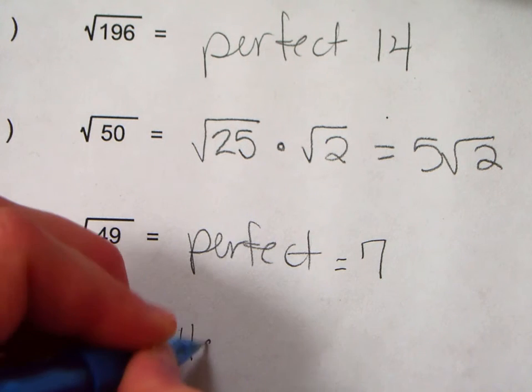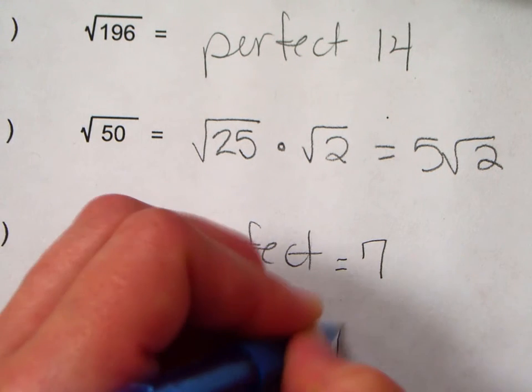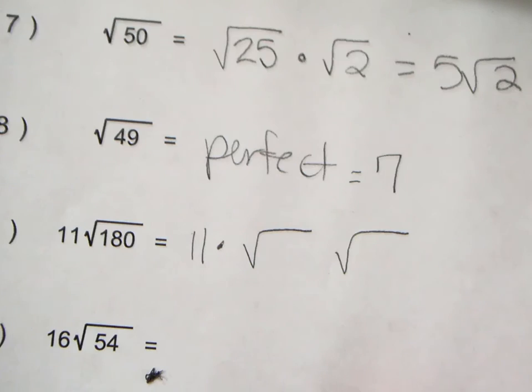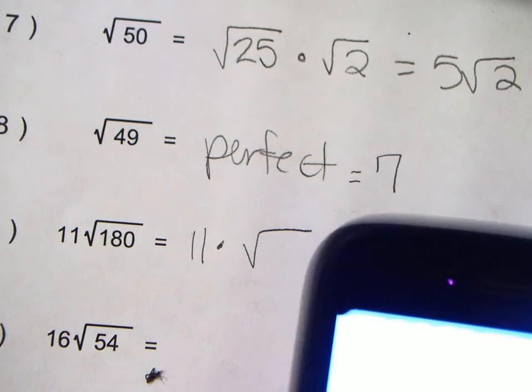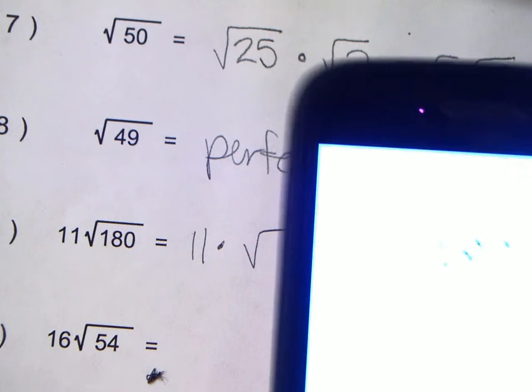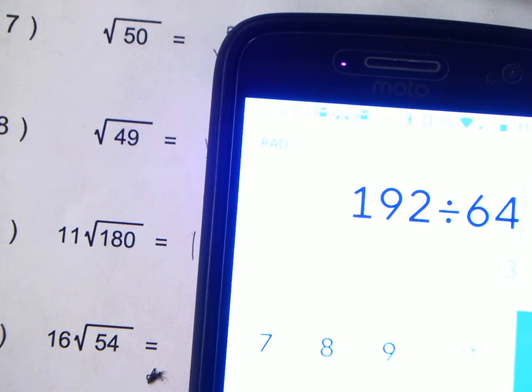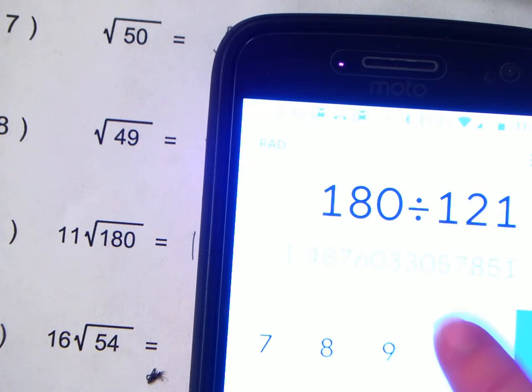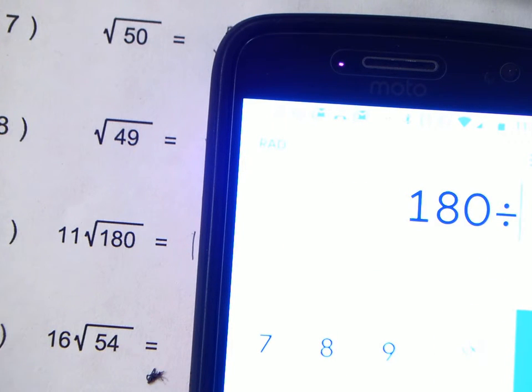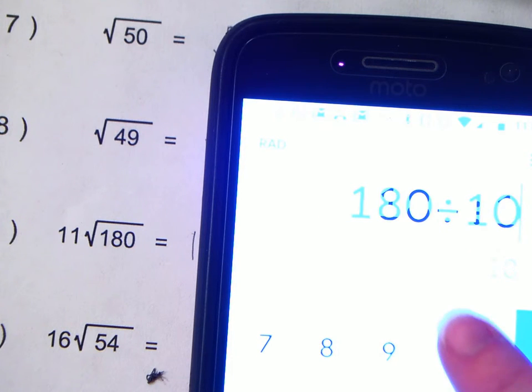11 times, now what we're going to do is split this next one up, 180. So I will start at 121 because I know the other ones don't work. I also know 121 doesn't work, but that's okay, we'll go over it anyway. So I have 180 inside. We'll divide by 121, we get a decimal. Divide by 100, we get a decimal.